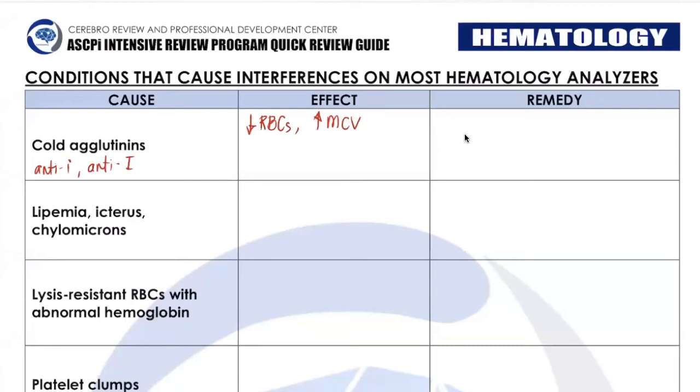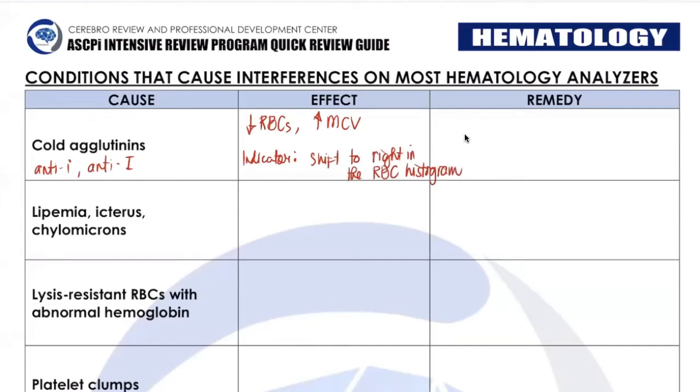So usually, ano yung magiging indicator natin dito? Okay? Since tumataas yung MCV, the indicator would be seen in the histogram. There will be a shift to the right in the RBC histogram.